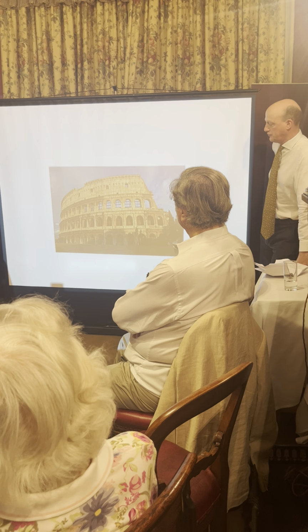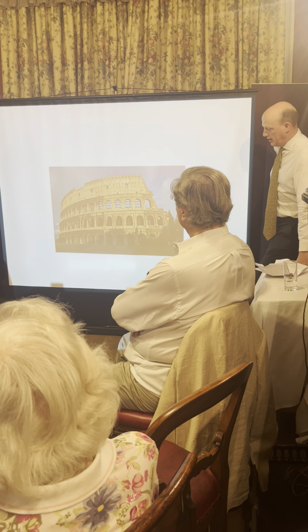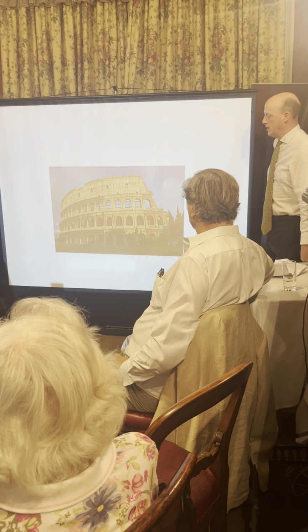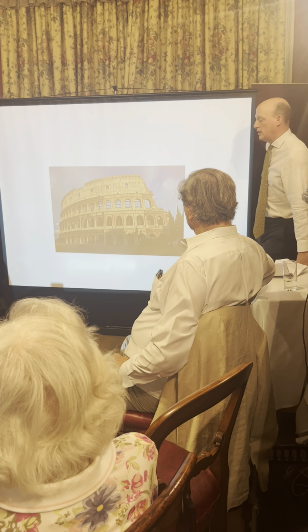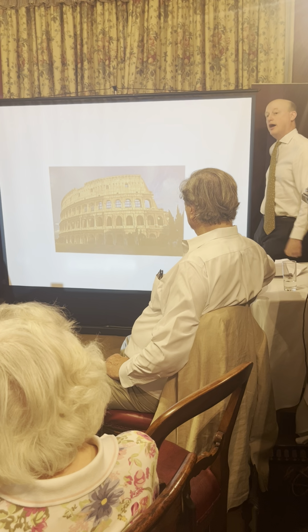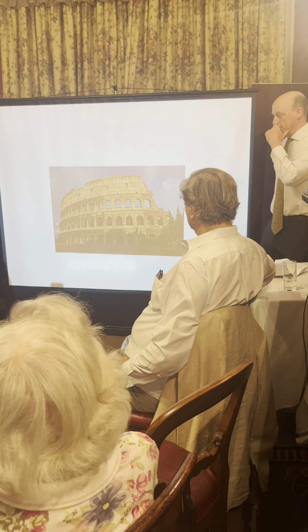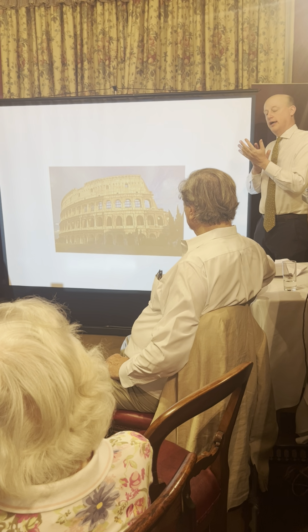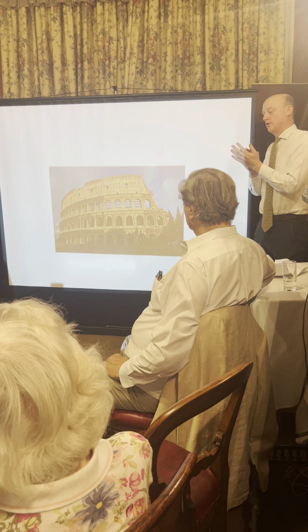Next slide, please. So this is perhaps the most famous Roman building of all, the Colosseum, built in 80 AD, and this is a very good illustration of the hierarchy of the orders, which follows that idea of the chronological history of the orders.